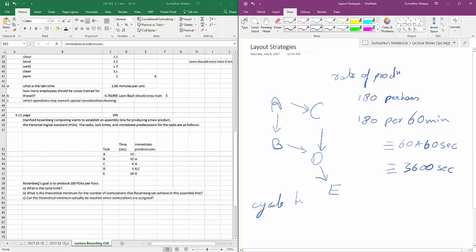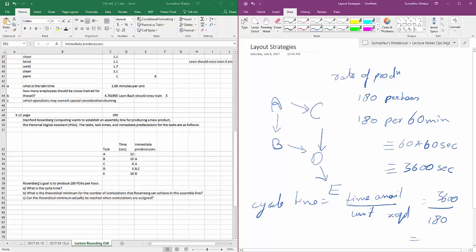Therefore, now if you were to calculate cycle time, cycle time is what? Time available divided by units required. So the time available given to us is 3600, divided by the 180 units required in this much time.